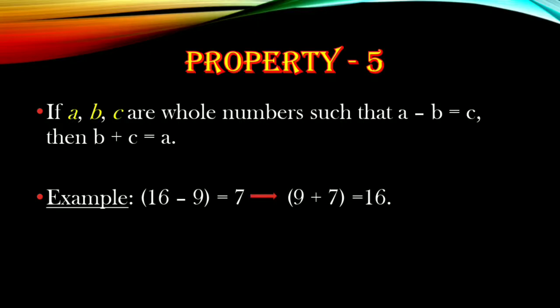And also, if we add 9 and 7, we get the sum 16. So this shows that if b is subtracted from a, it gives c, and b added to c gives a.